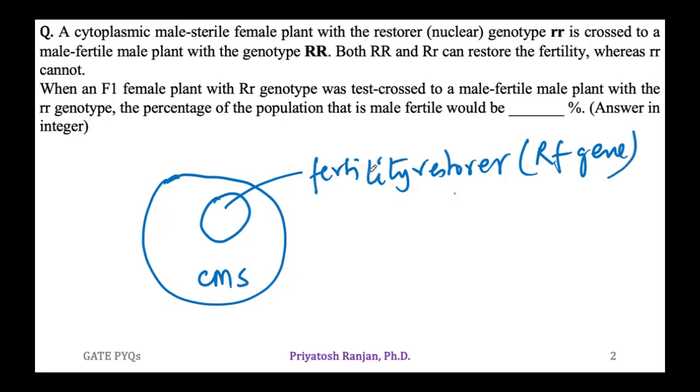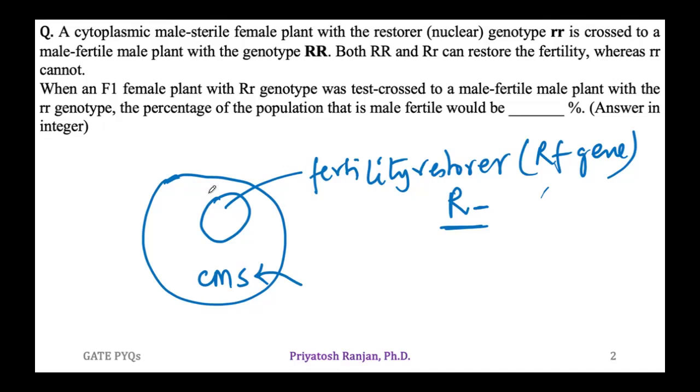So the presence of a single capital R is sufficient to restore the fertility, even if the mitochondrial genome is dysfunctional, resulting in CMS. Summarizing, sterility results from mitochondrial genes causing cytoplasmic dysfunction, while fertility restoration relies on nuclear genes that suppress the cytoplasmic dysfunction.